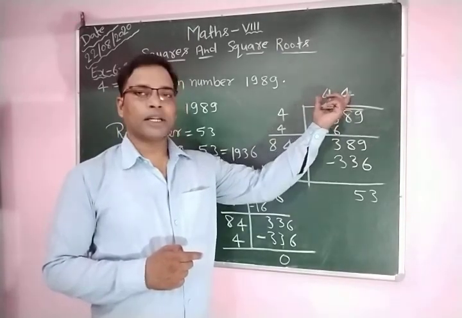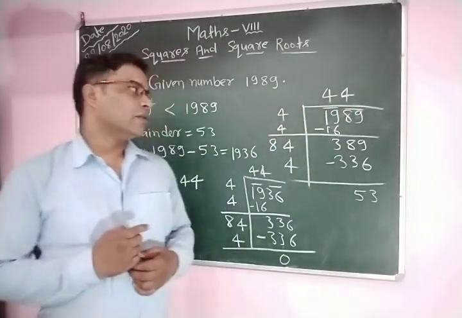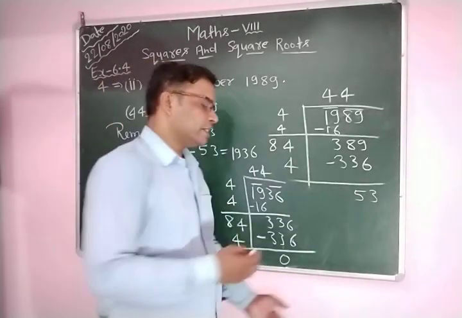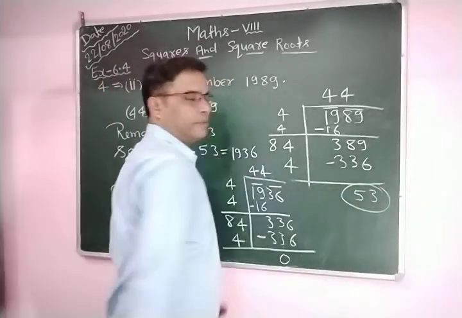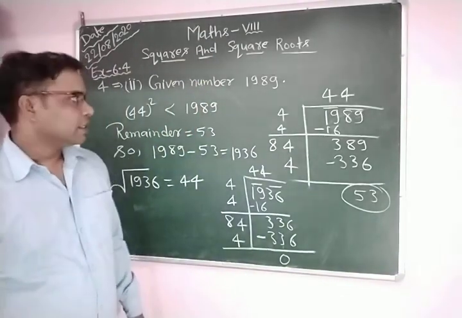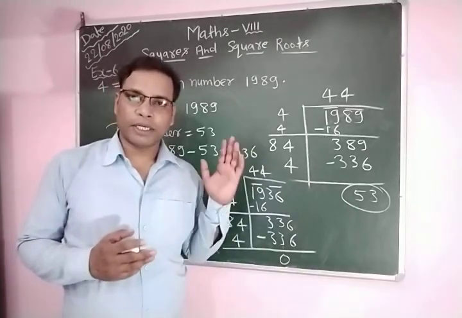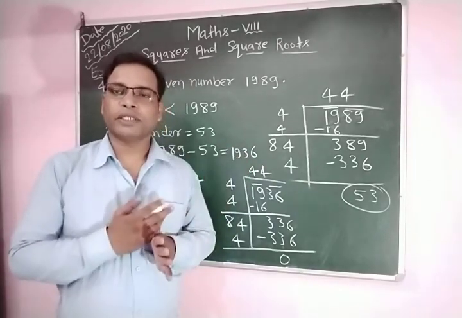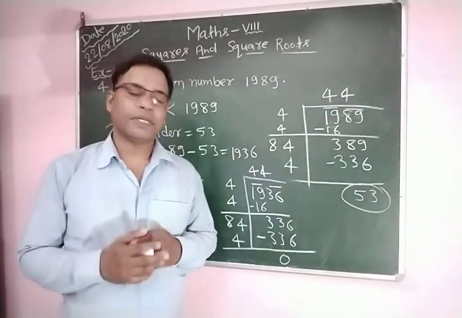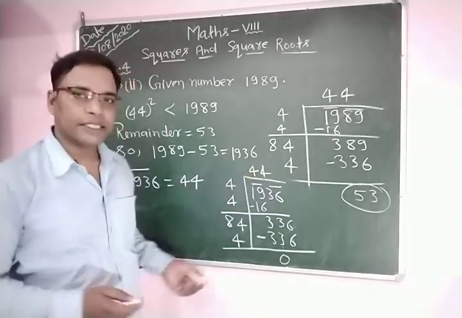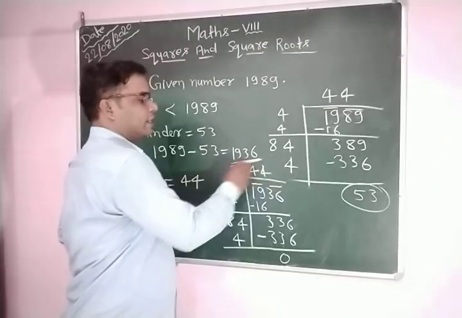It means that the square of 44 is less than 1989. Okay, and here you can see this remainder 53. So we subtract this remainder from the given number 1989. Then we obtain 1936. This number is a perfect square number.